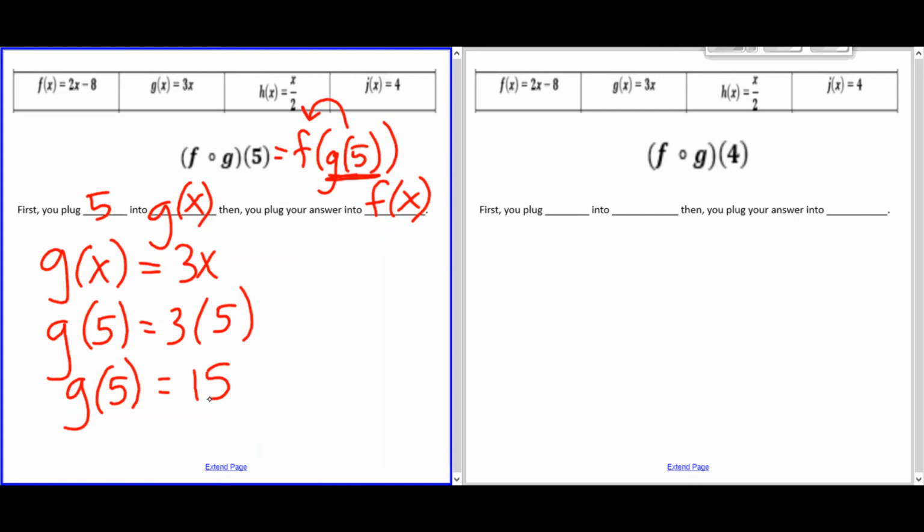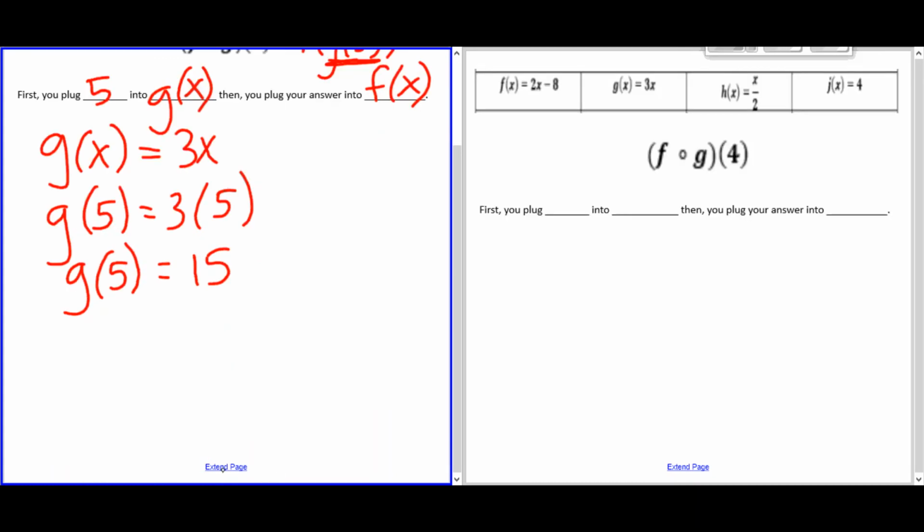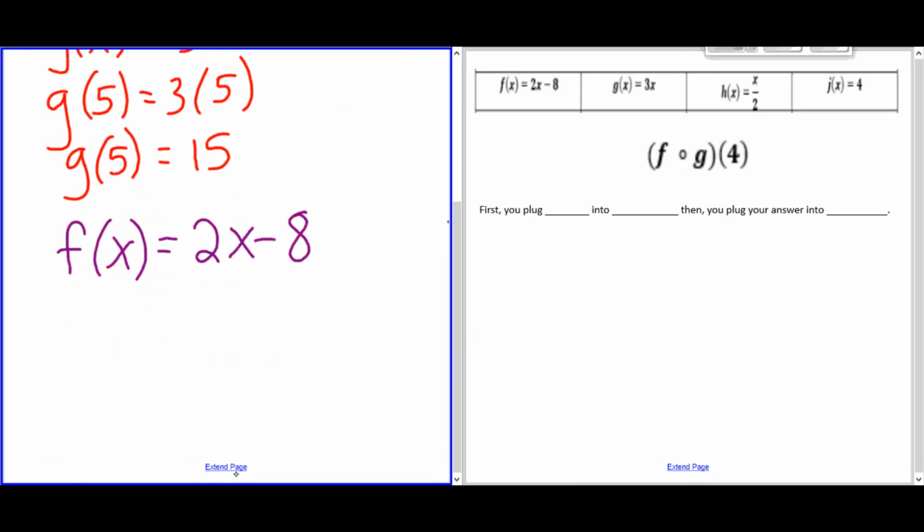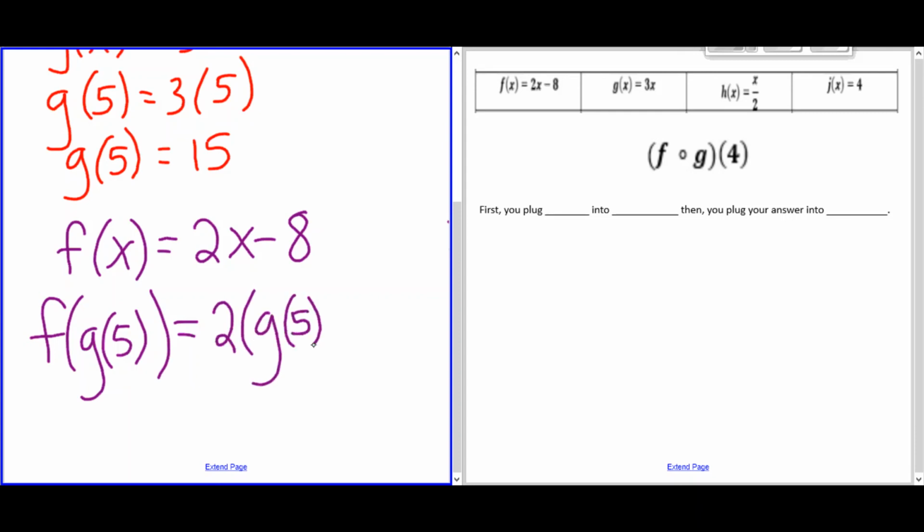Now we're going to plug that into f of x. So here's my f of x. f of x equals 2x minus 8. But I want to say f of g of 5. So I'm substituting that in for x. So anywhere that I see an x, I had to put g of 5. So it's going to say 2 times g of 5, and then minus 8.